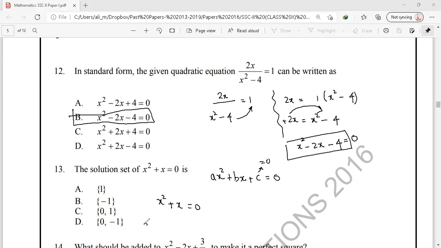So we can take x common. So we will have x times x plus 1 equals to 0. So for two values of x, x is equals to 0 and the other factor x plus 1 is equal to 0. So from these equations, we will get two values of x, that is 0 and minus 1. So for question number 13, the correct answer is option D.